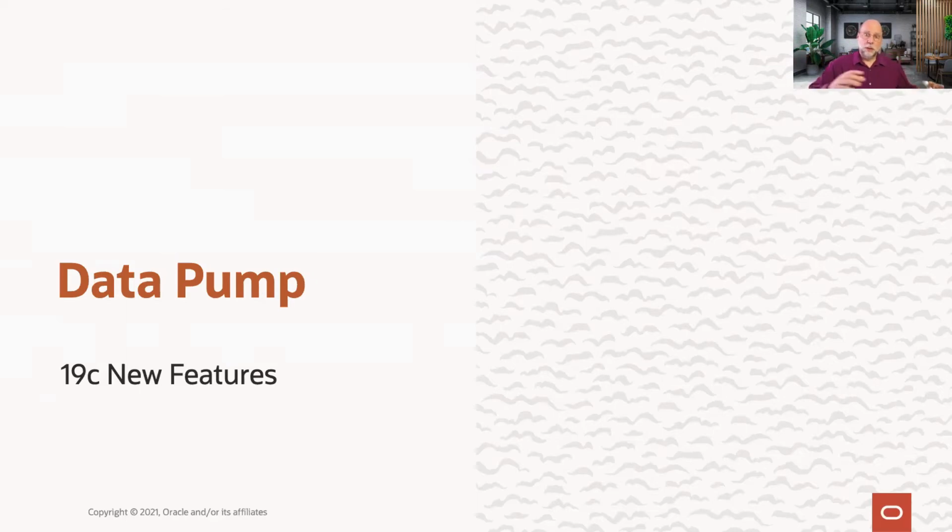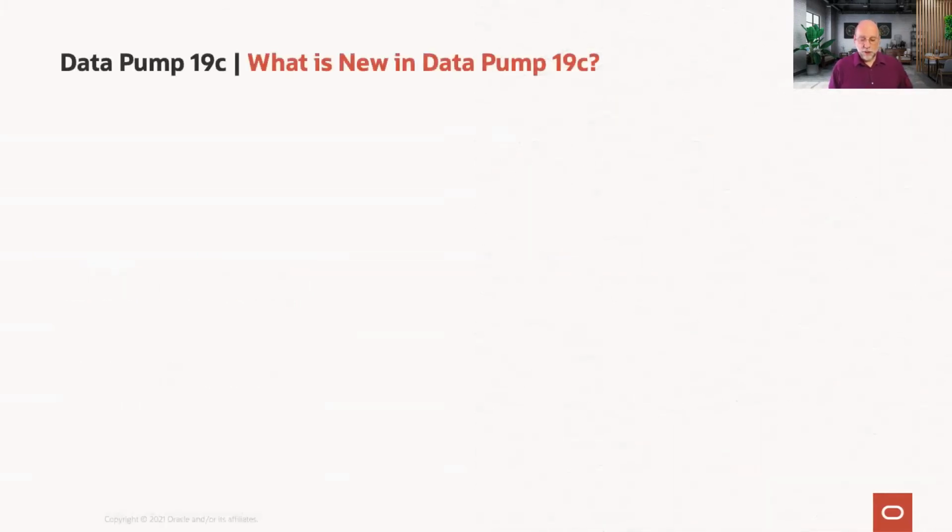So most people should be going to 19C right now, and it's good to know what some of our new features in 19C Data Pump are, because 19C has premier support until 2024 and extended support all the way into 2027. So what's new in 19C? Well, we have a bunch of new features there.